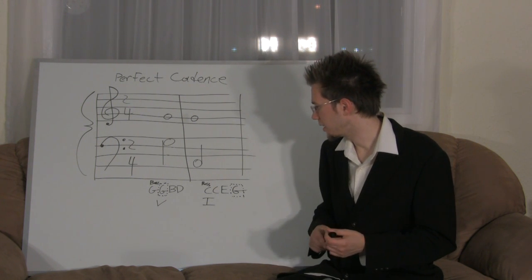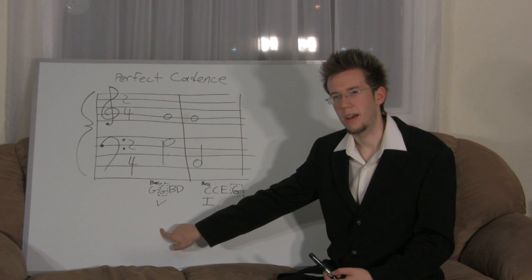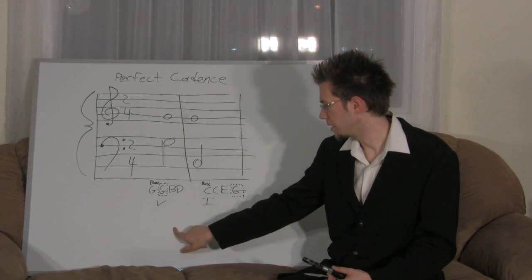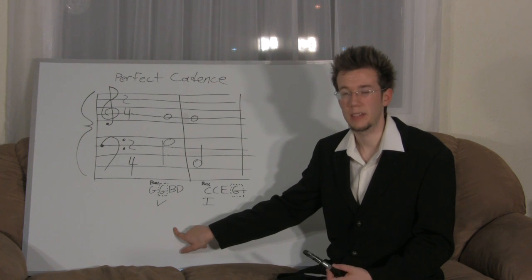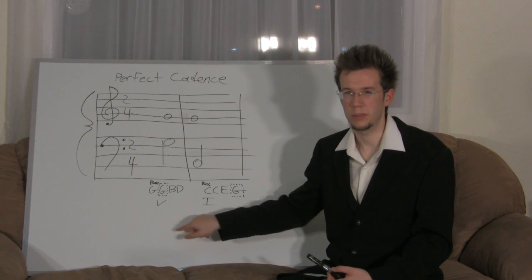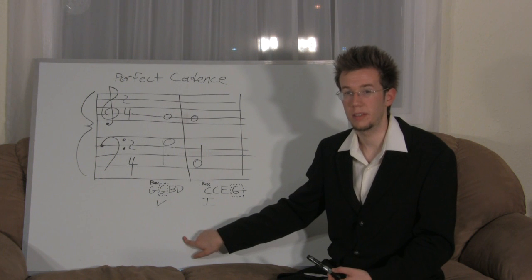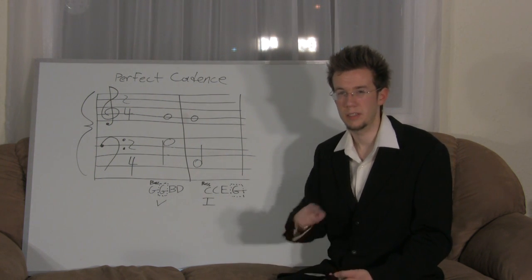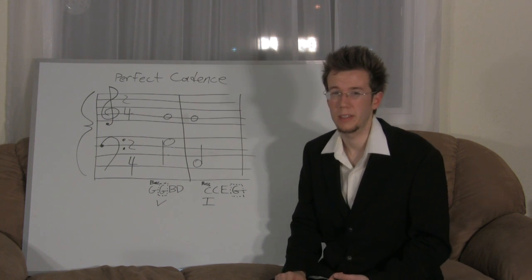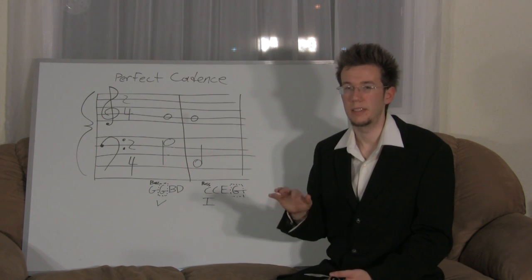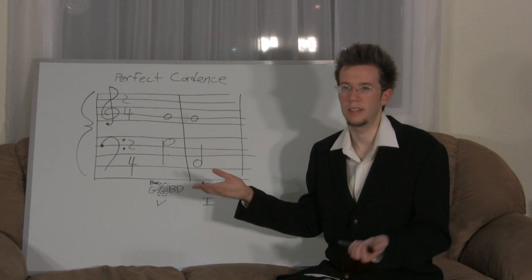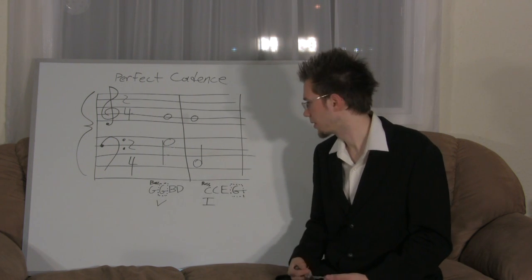So G is 5, then you go G, G, double the root, then you go B, so that's 7. You're skipping the note in between, so it's 5, 7, and then you go 9, or 2, whatever you want to say, because you're just back to where you were before: C, D, E, F, G, A, B, C, D, E, F, G, right? You're just repeating over and over again.